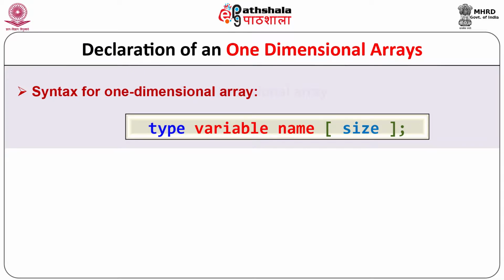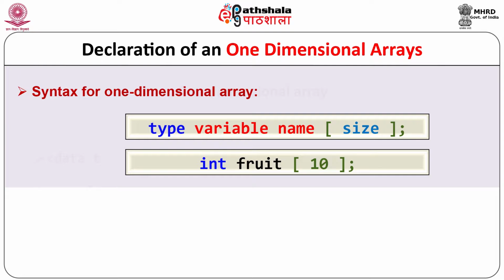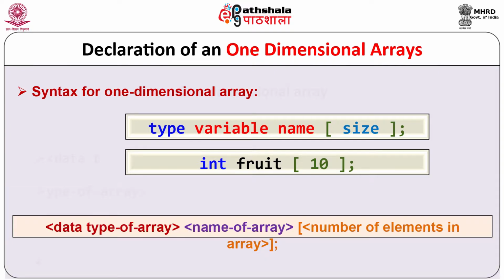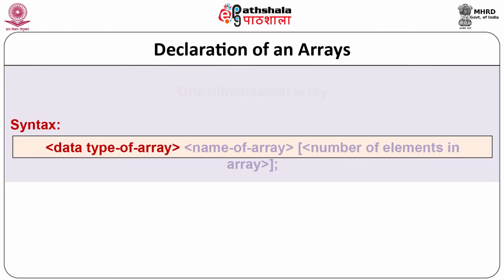Let us take a simple example: int fruit[10]. In this example, int is the type of array, fruit is the name of array and 10 in brackets means the size of array is 10. In the second syntax, you can see data type, array name in brackets, and number of elements in array.